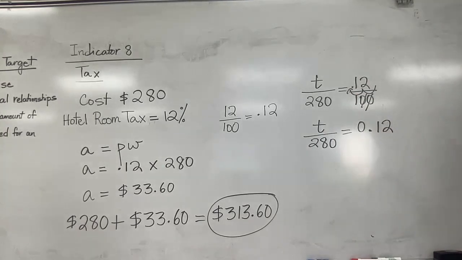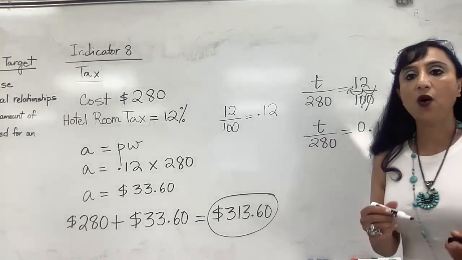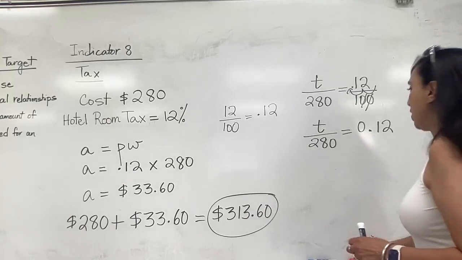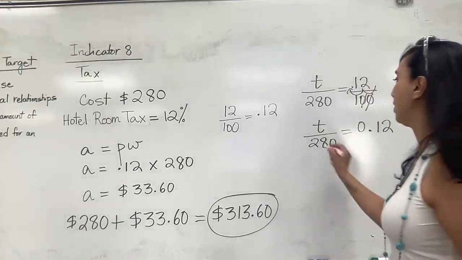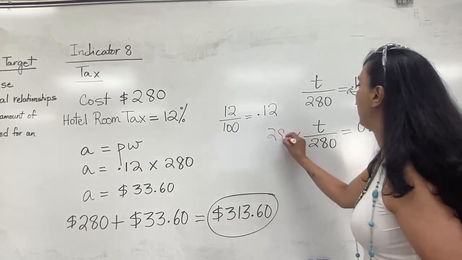And then T over 280, what is this? This is division, so we are going to use the inverse operation, which is multiplication, because this is a one-step equation. So this is going to be times 280.